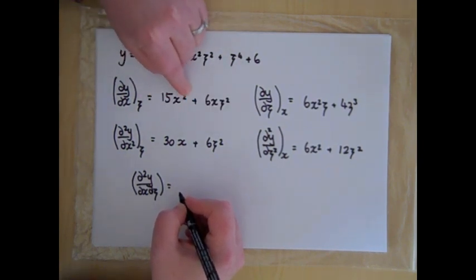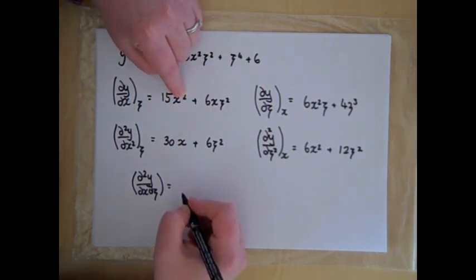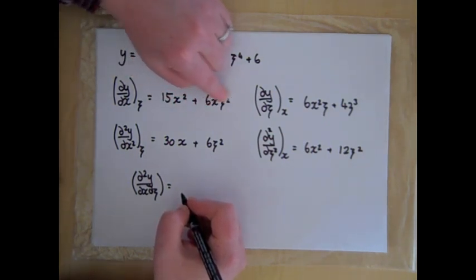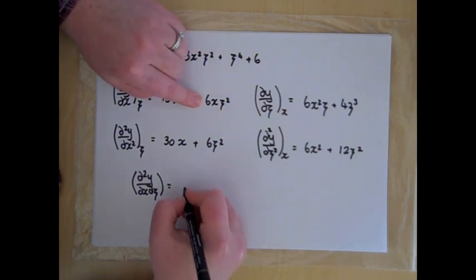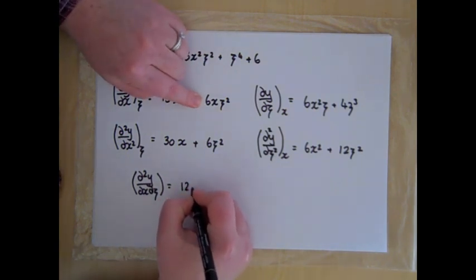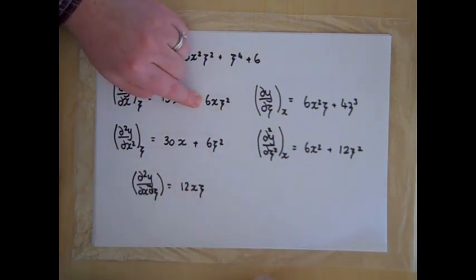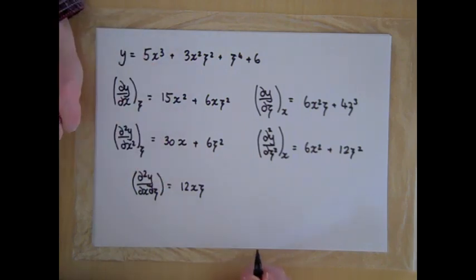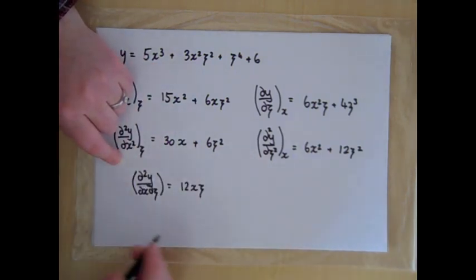This here is just a constant, so this is going to disappear when I differentiate with respect to z. If I differentiate this one with respect to z, I end up with 12xz. So I've just taken this 2 down to the front, taken 1 off the power of this z, so this is leaving me with 12xz. That's all I get when I differentiate twice.